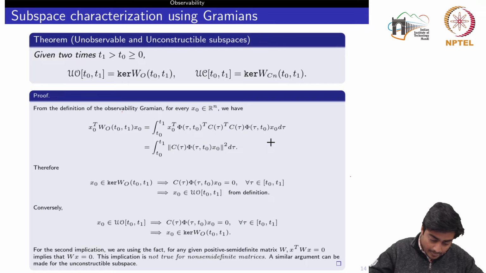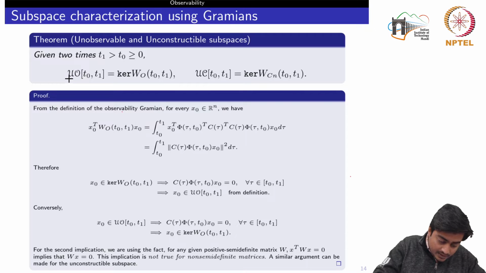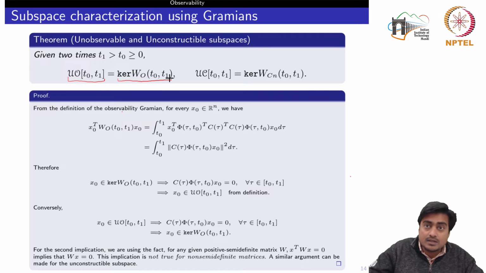So let's see. It says that the unobservable subspace from t0 to t1 is equivalent to the kernel of this square matrix W_O of dimension n. Now, if we go back to the definition of observability, it says the unobservable subspace should contain only the zero vector, right?